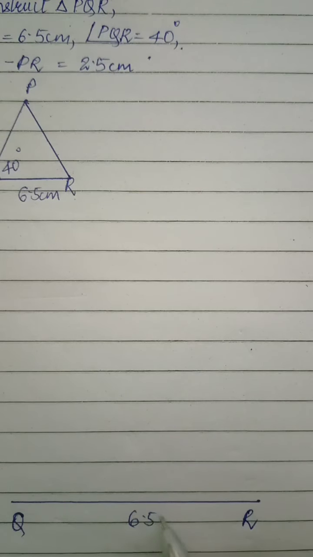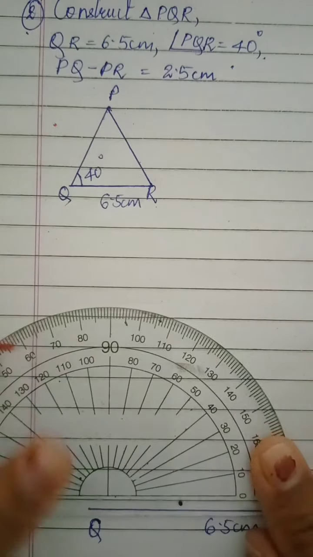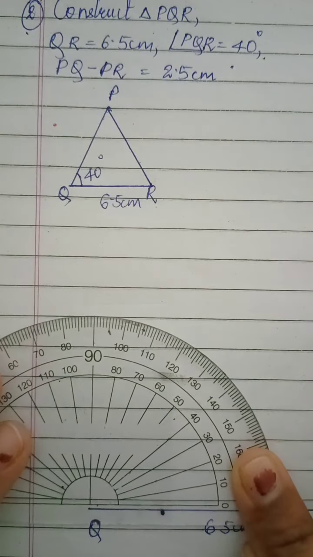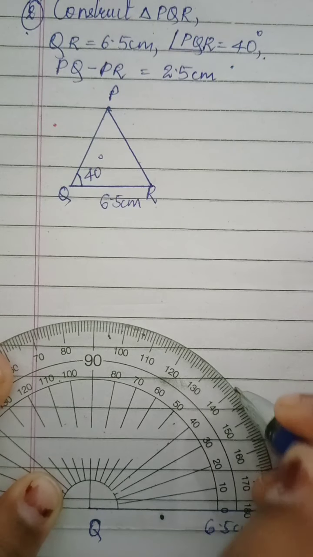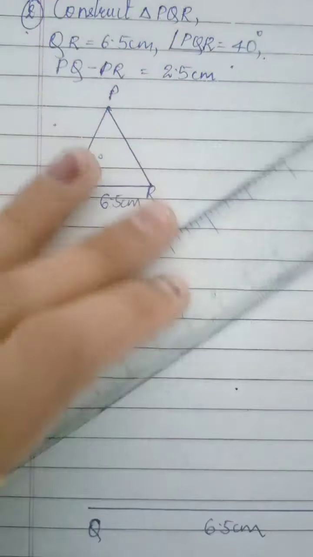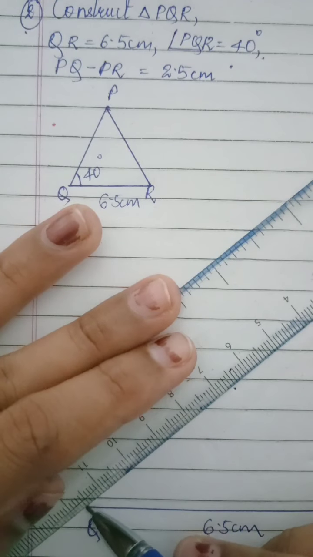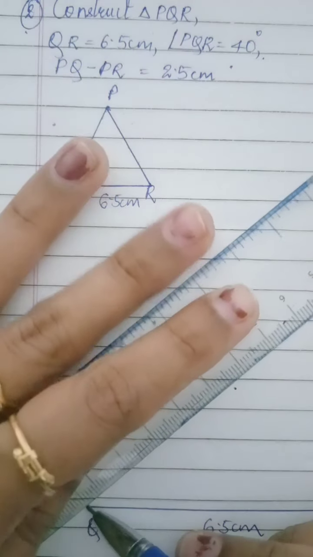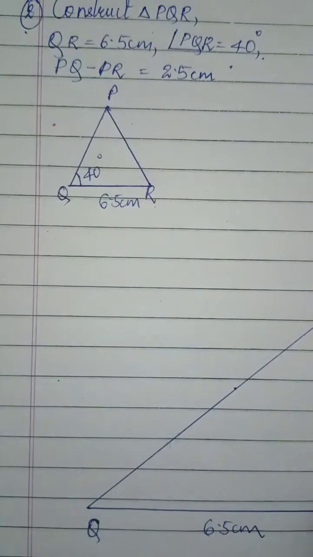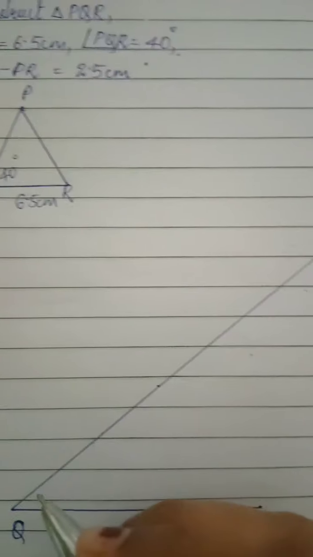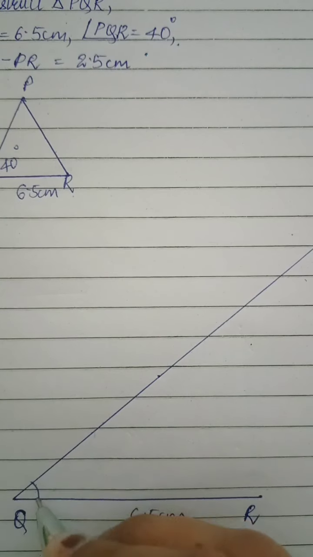On protractor on Q, 40 degree. Acute angle, children. So acute angle means here 40. Extend it. Make the ray longer. Remember last time it was falling short. Arrows and all I'll draw later on. This is 40 degree.